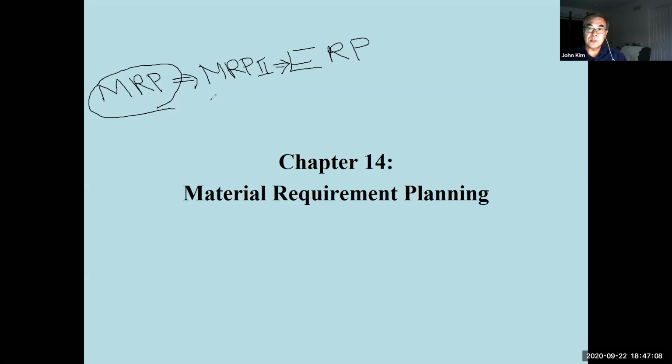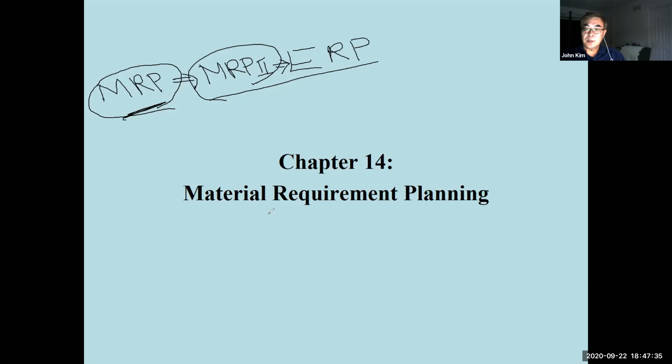And then these two, MRP2 and the ERP system, are integrated systems. That means the MRP system is used by only one department, but the MRP2 system is used by multiple departments.